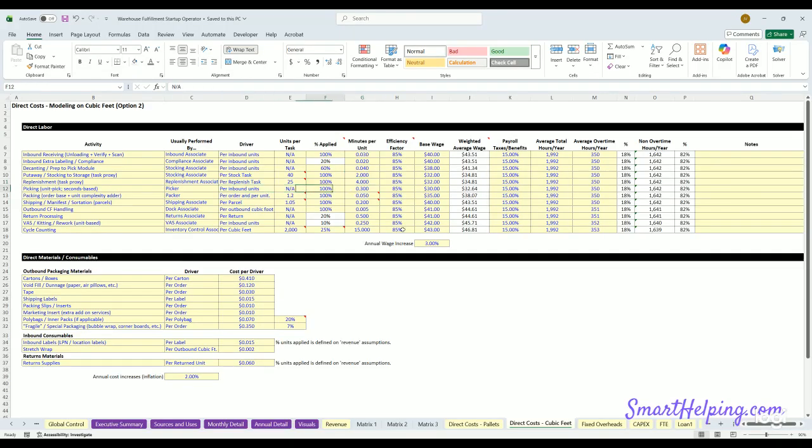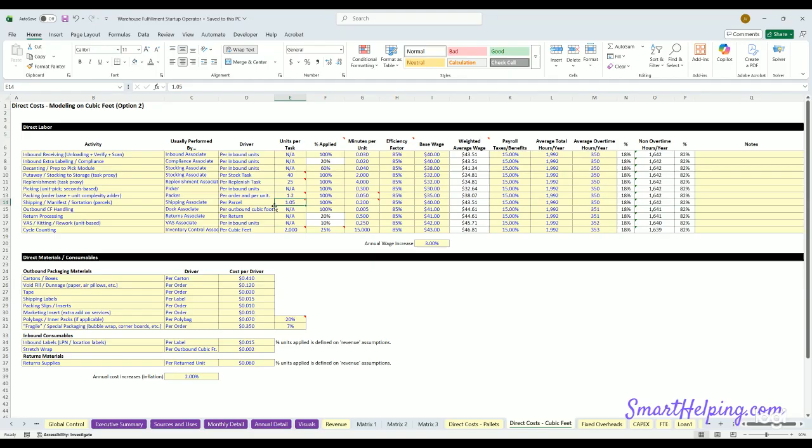Picking per inbound unit, time per unit, per order and per unit. So this, the packing is a little bit different. So we've got the amount of minutes an order takes, and then we also have the amount of minutes per outbound unit. So every order takes 1.2 minutes, but then we're adding an additional 0.05 minutes per unit. And then for shipping, we have parcels per order.